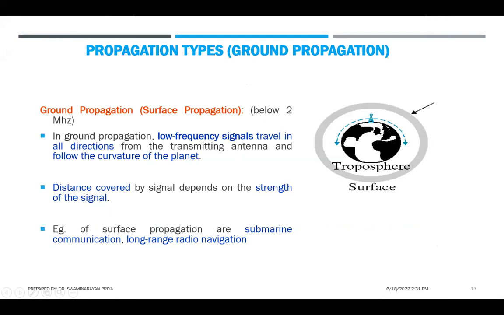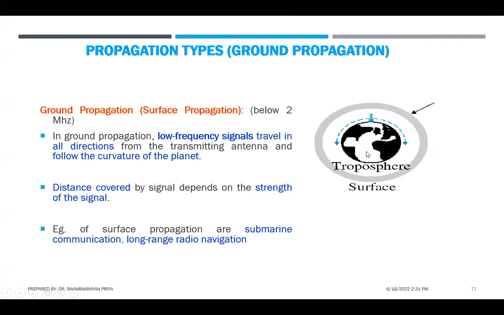Now, propagation types. In case of unguided media, there are different kinds of propagation types that we can use for communication. Mainly there are three: ground propagation, sky propagation, and line of sight propagation. The first type is ground propagation.